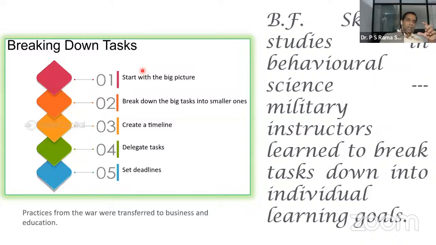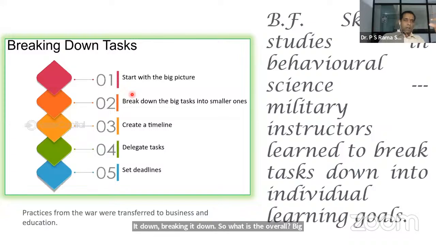Instead of giving a set of instructions in a given paragraph, they started sequencing it down, breaking it down. So what is the overall big picture? Just like an experiment, there is an aim, there are observations, then there is a procedure, then the apparatus that is required, 1, 2, 3, 4, 5. So they started breaking it down, right? Then this practice became a norm in the educational system.